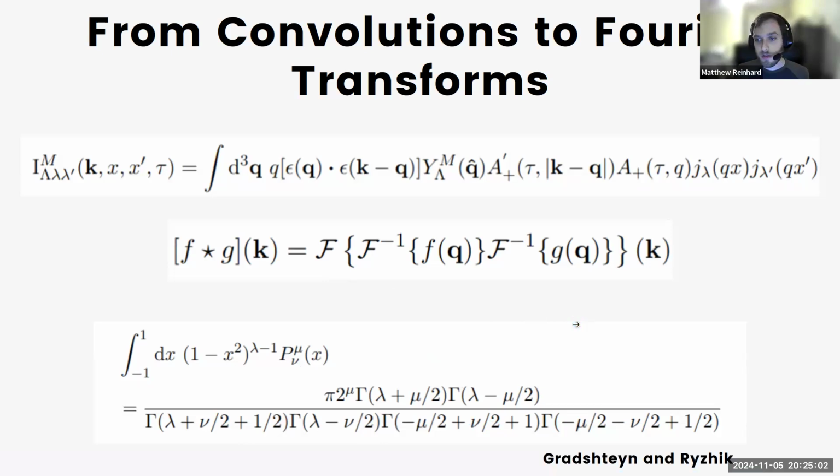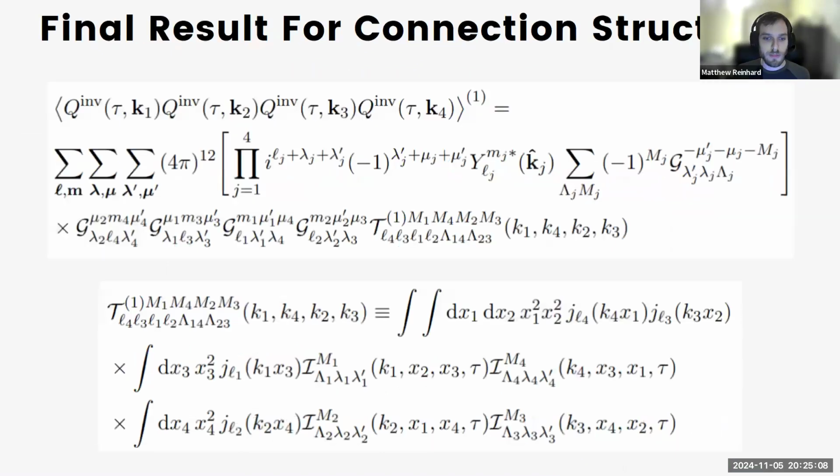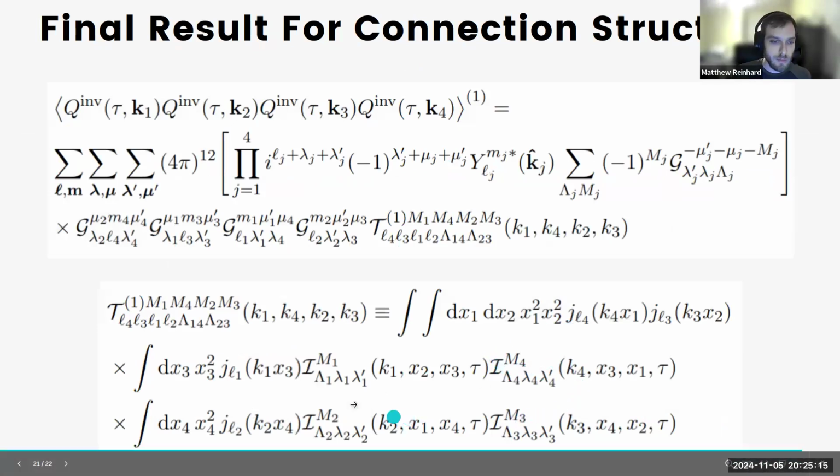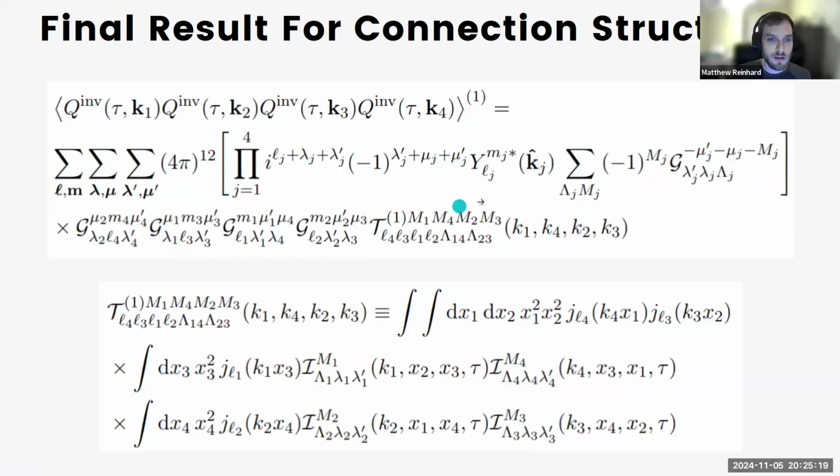And we're left with just the radial parts of these integrals. And after performing some changes of variables and defining some other functions that I'll leave out for this talk, we end up with this expression here for the contribution to the trispectrum for reference diagram 1.